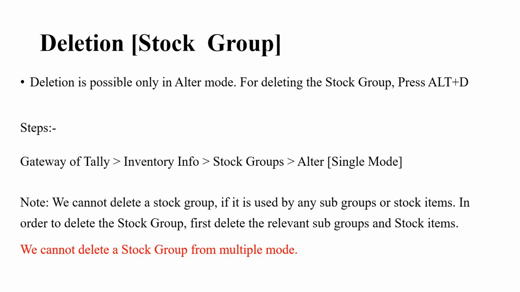Then only we can go for deleting the stock group. In the same way, we cannot delete a stock group via the multiple mode, right? The same thing is also applicable for other stock categories, even in case of accounting, for ledgers or groups in accounting, correct? Now let's see the practical part of this one.